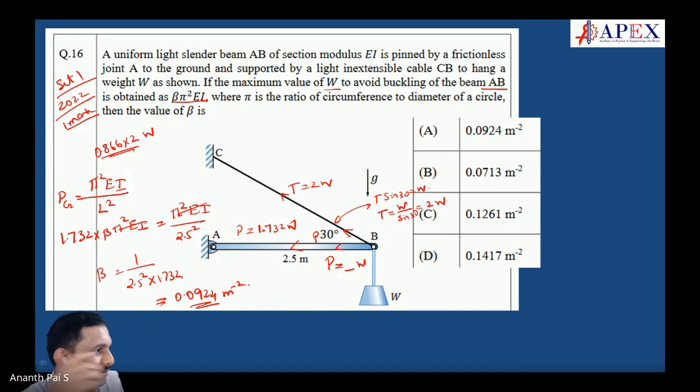I just need to take the weight. Now it's clear, right? Because he gave the funny twist, it was a bit of discomfort. They're equating as P is equal to.